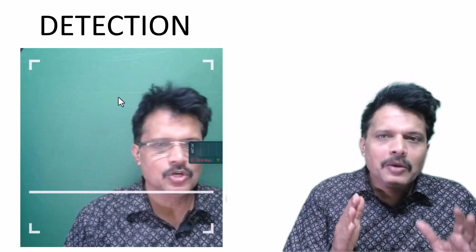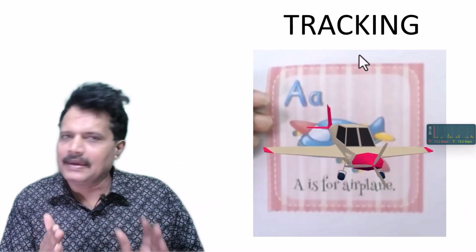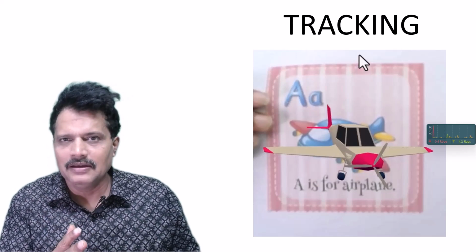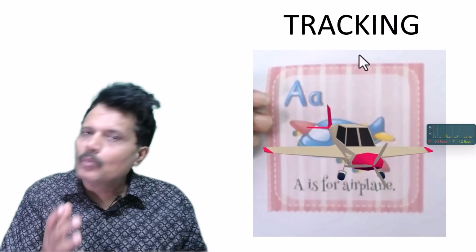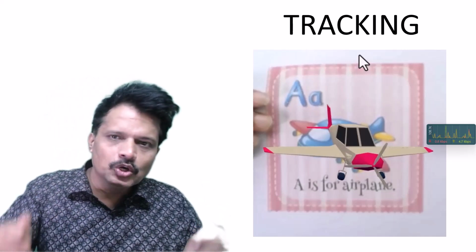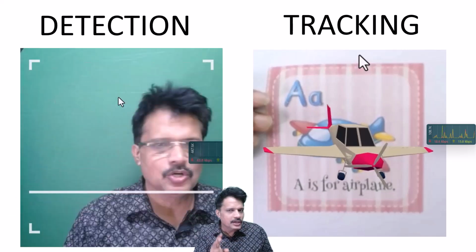Once the image is found, the augmented reality engine shifts from detection to tracking. Tracking means now the application is concentrated more on how the image is moving. As you move the image, the 3D model has to move. So here you have two processes. First is the detection and the second is the tracking.